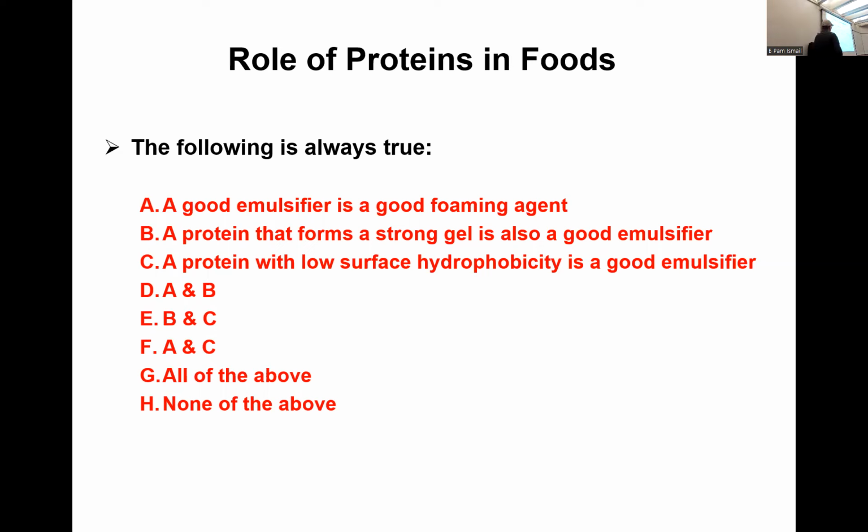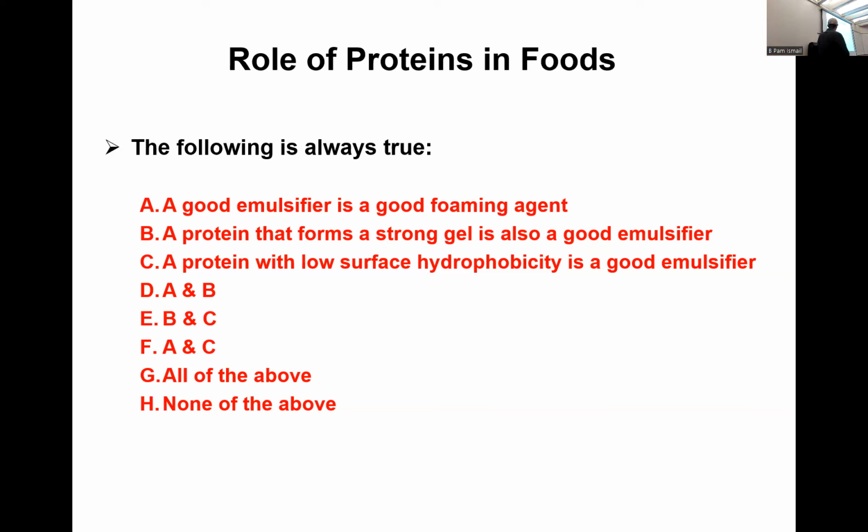Although both emulsion and foaming are interactions of two different phases, they're not the same phases. In foam, it's air interacting with aqueous. In emulsion, it's oil interacting with aqueous. So, although these depend a lot on the surface properties of the protein, that doesn't mean a protein that emulsifies so well is a good foaming agent, and vice versa.